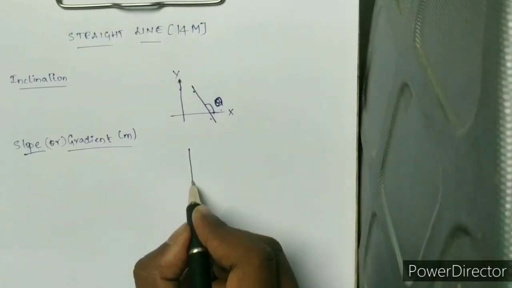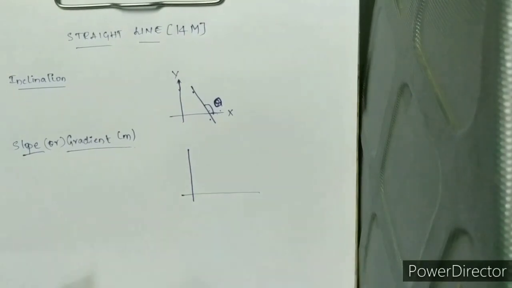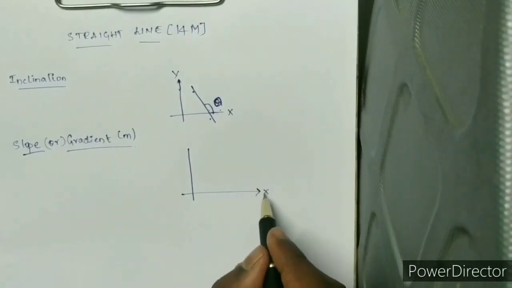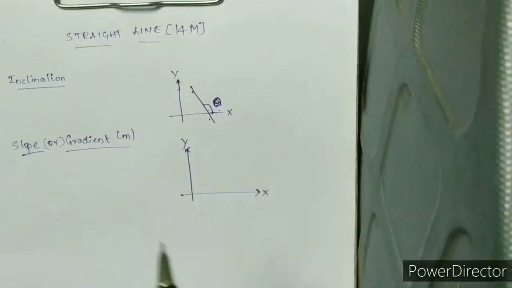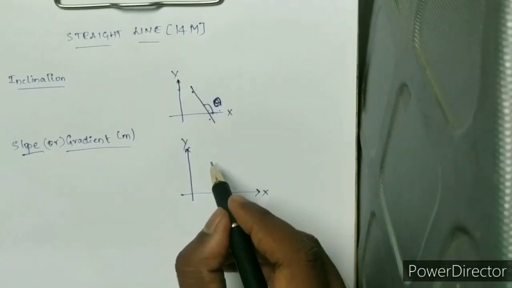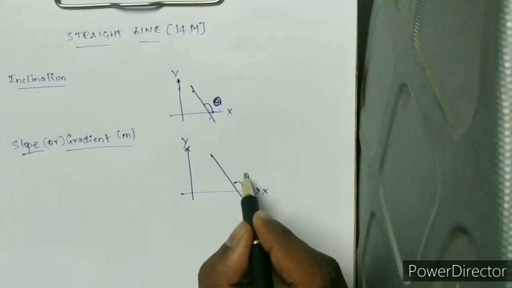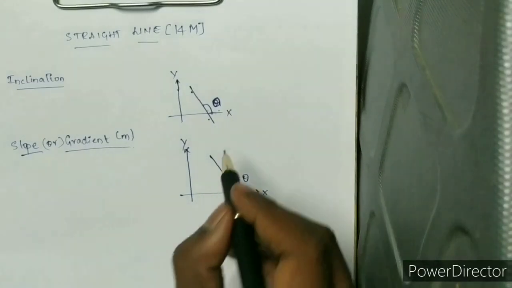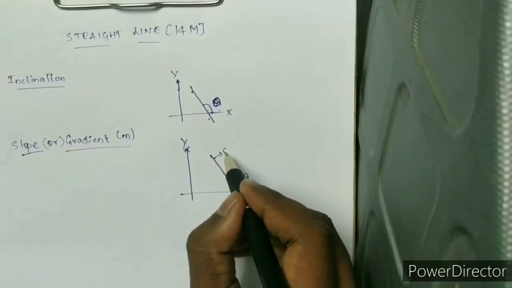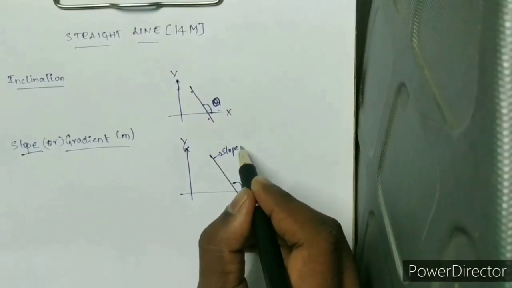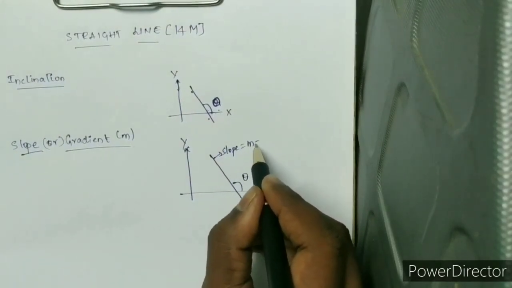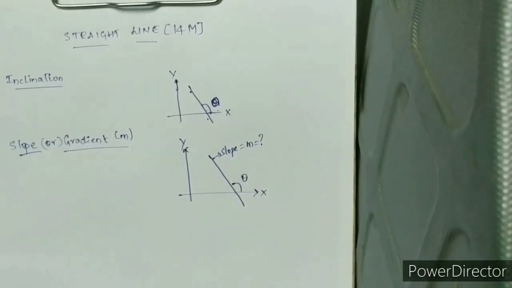For example, this is the x-axis and this is the y-axis. This is a line inclining at some angle, I say it to be theta. I have to find the slope, or m, of this line.